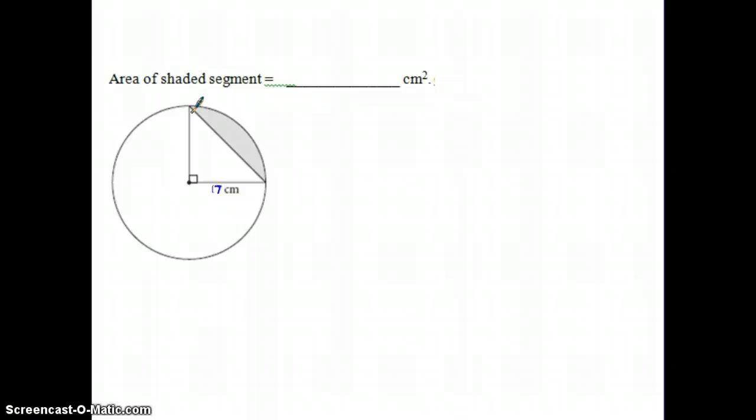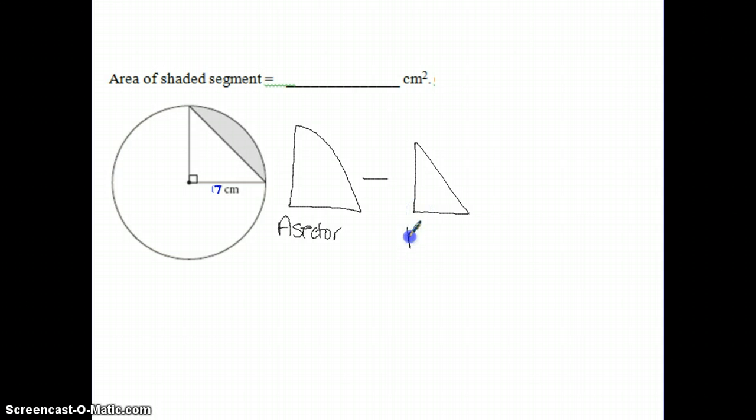So again, removing or taking something out is subtraction. So the first thing we need to do is find the area of the sector. And then we'll take away the area of the triangle, and that will leave us with just the shaded region.